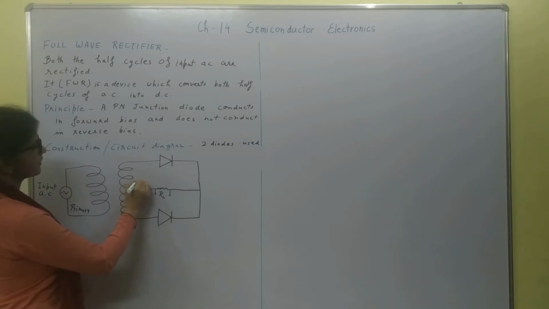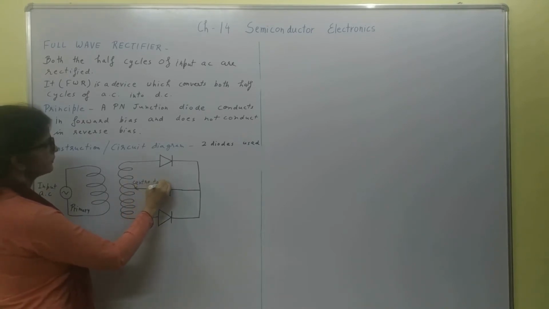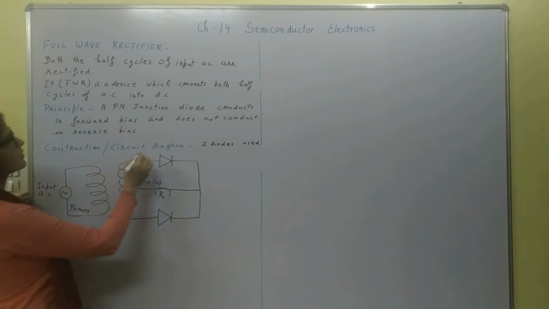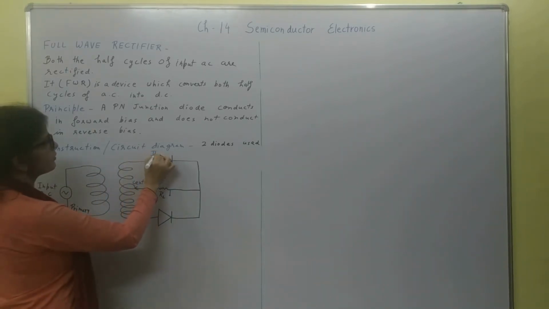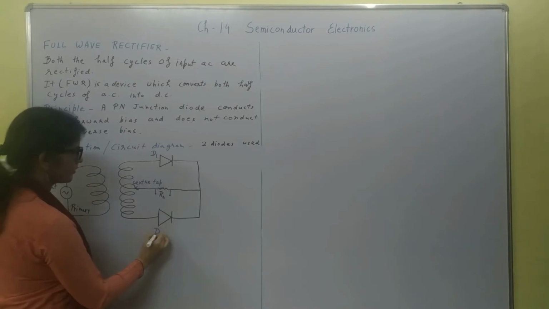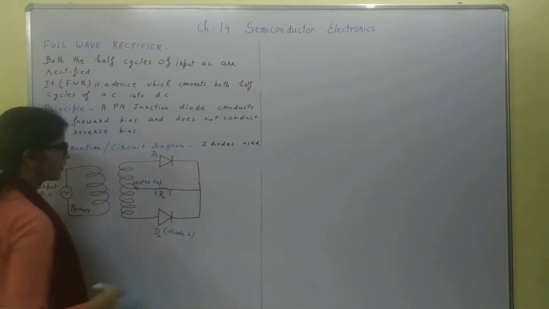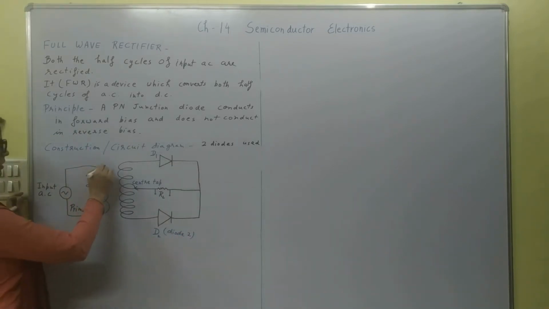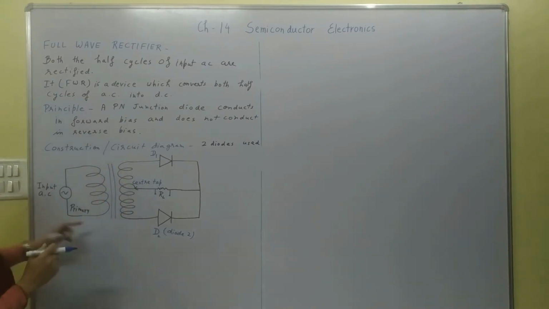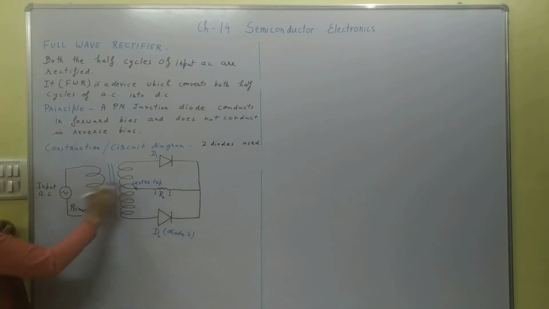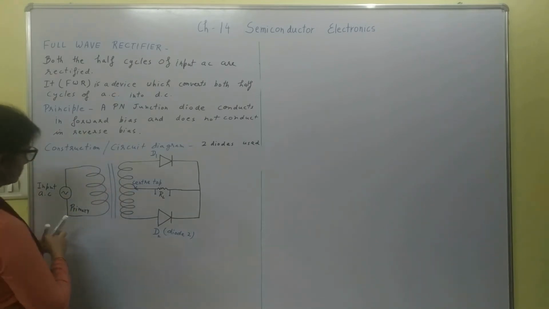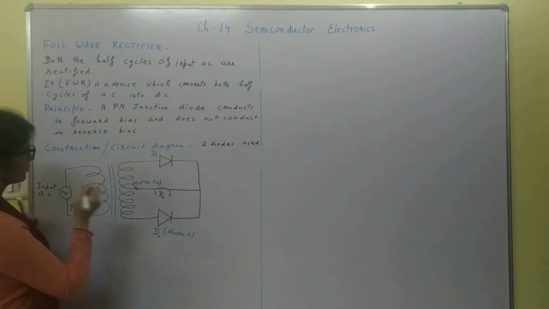This is called the center tap of the secondary. This diode is marked as diode 1. This is diode 2. Right? And this is the transformer, and this one is the secondary coil, obviously.